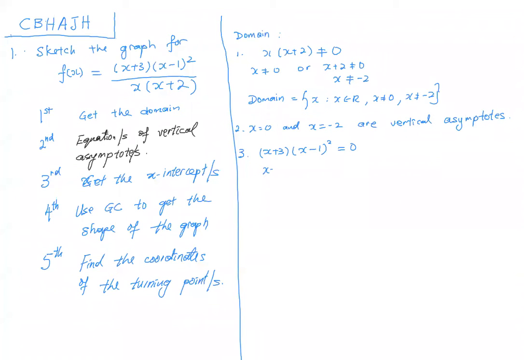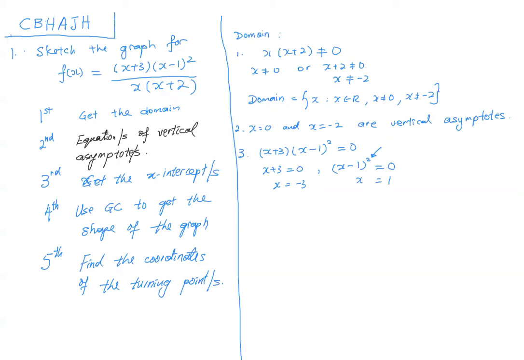So x plus 3 equal to 0, or x minus 1 square equal to 0. So you look, afterward when you sketch your graph, you be careful. If this is a repeated root, afterward you look, what is the nature of the turning point over there at the x-intercept? You see? Okay. So now we get the x-intercept, we got two x-intercept.